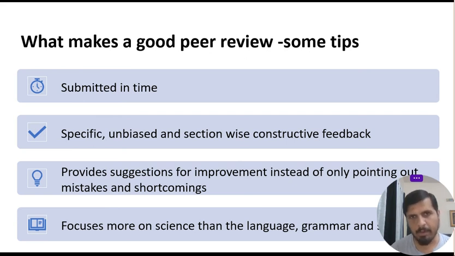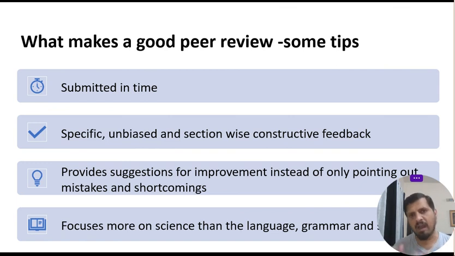And yes, I'm a non-English speaking author. I know sometimes I have challenges with writing in the English language, and English is the language of science all around the globe. I totally agree with that. But please remember, not everyone is very proficient in writing in English. So if you go through the article and you say the science is really nice, it is robust methodology, the person has a clear concept, the hypothesis is very strong, and the way he or she conducted the experiment is actually very ethical and in the right manner, then probably if the English language and grammar syntax is weak, please do not make a major issue out of that.